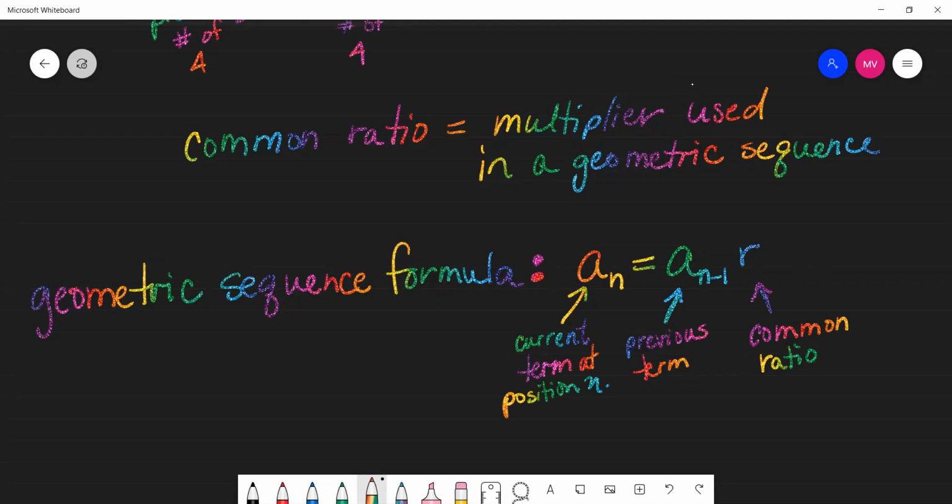Okay. So that just breaks down that formula. So the current term at position n, the one you're trying to calculate, equals the preceding term times the ratio.